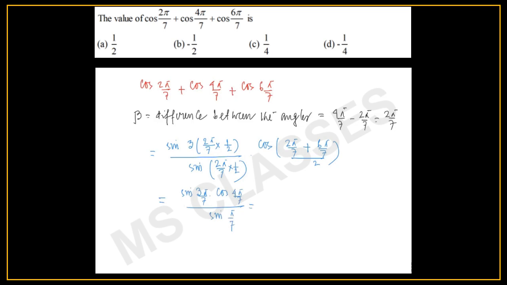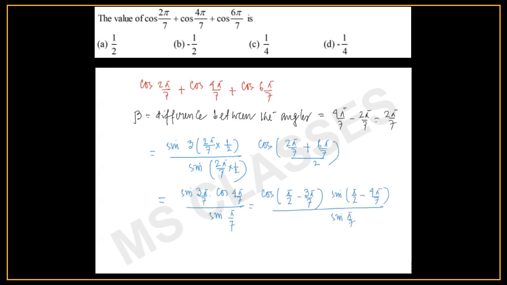Now this we can simplify as cos of pi by 2 minus 3 pi by 7, and here we can write sine of pi by 2 minus 4 pi by 7, whole divided by sine pi by 7.